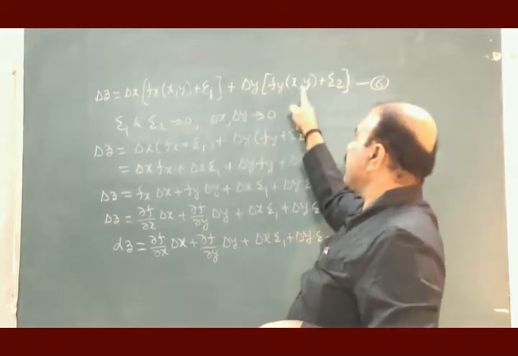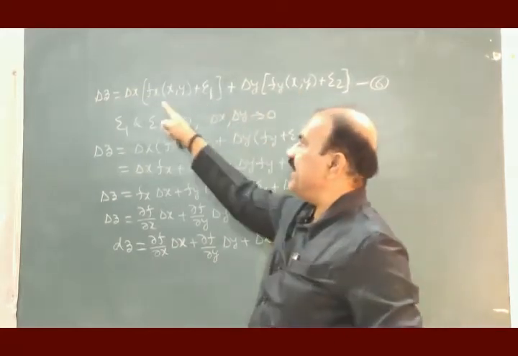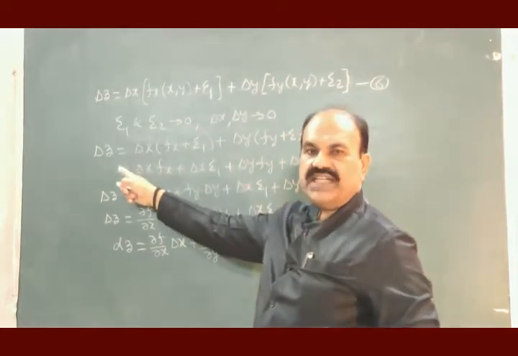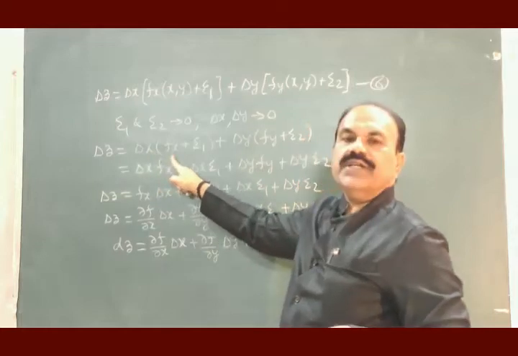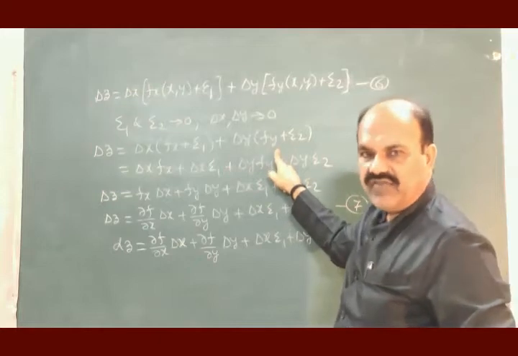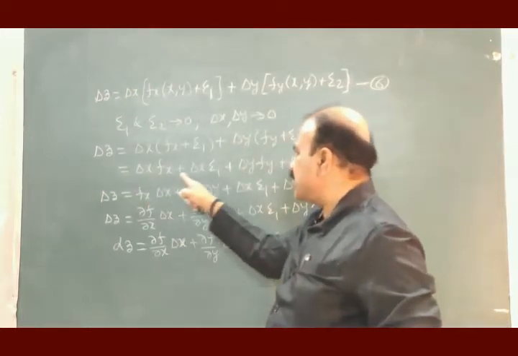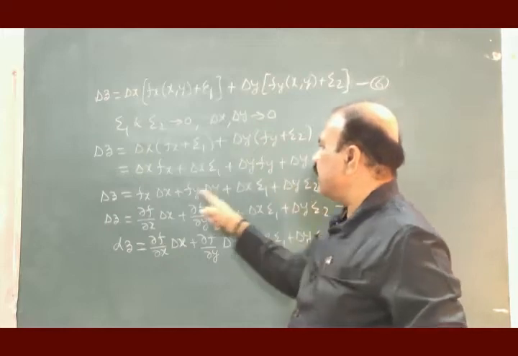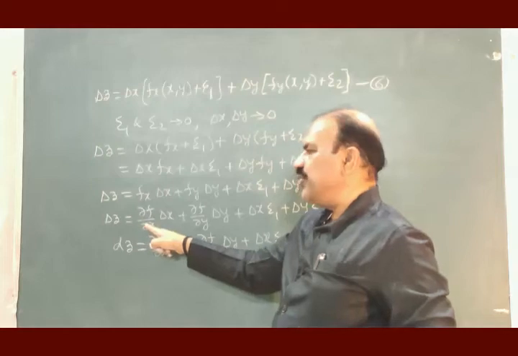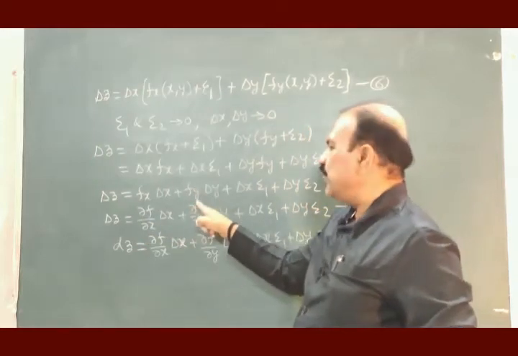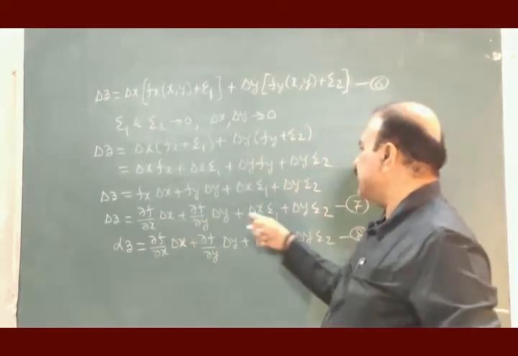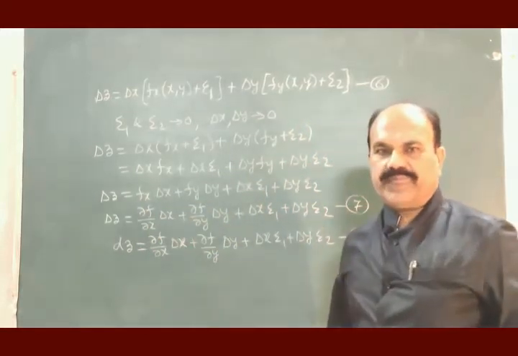Suppressing the point (x, y), making fy and fx general, equation 6 may further be written as delta z is equal to delta x into, in the bracket, fx plus sigma 1, plus delta y into, in the bracket, fy plus sigma 2. Solving this, we get this. Rearranging, the value of fx is dou f by dou x, and the value of fy is dou f by dou y. Putting the values of fx and fy, the same equation is further written as equation number 7.